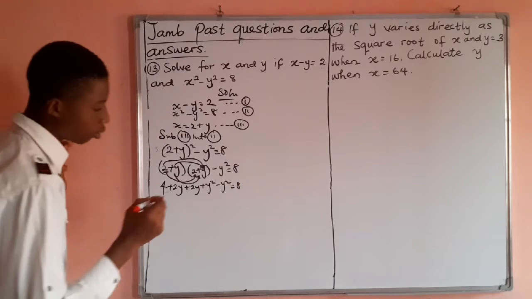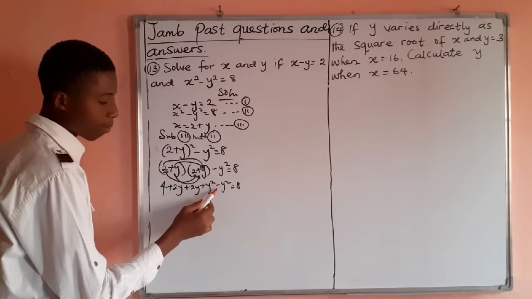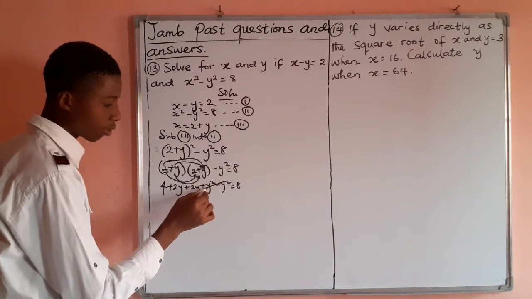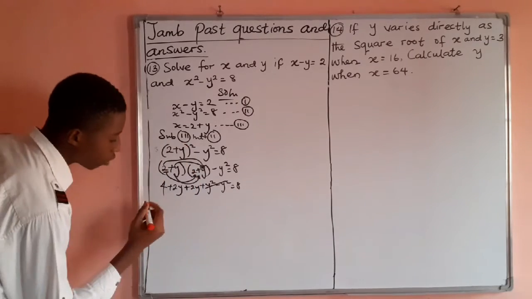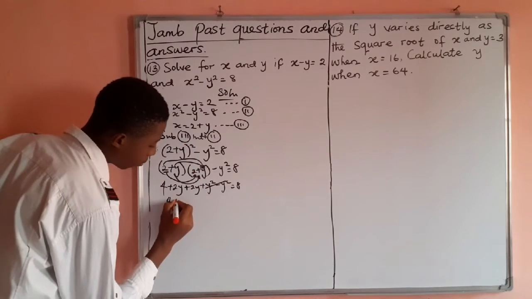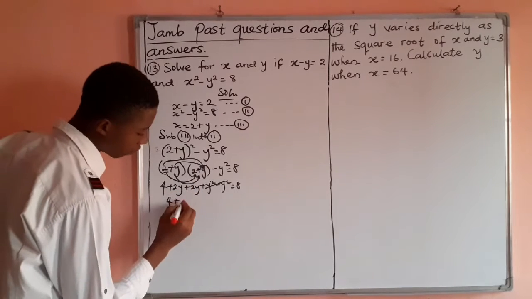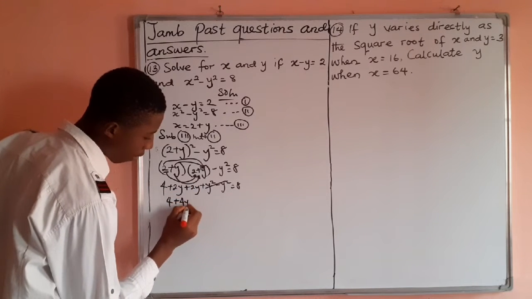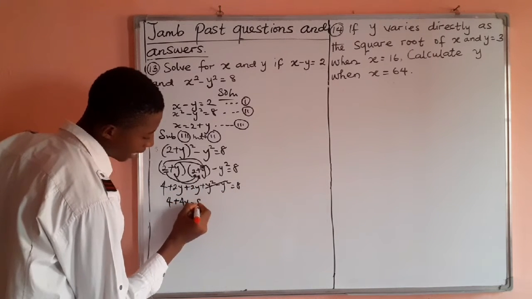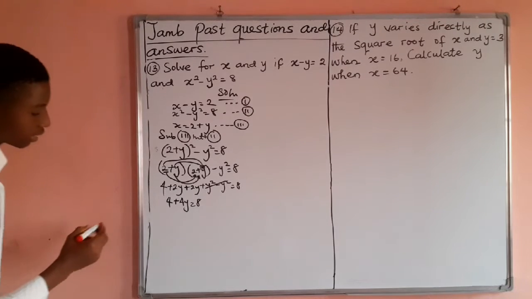Now, plus y squared minus y squared will cancel each other out, leaving us with 4 plus 2y plus 2y, which gives plus 4y equals 8.